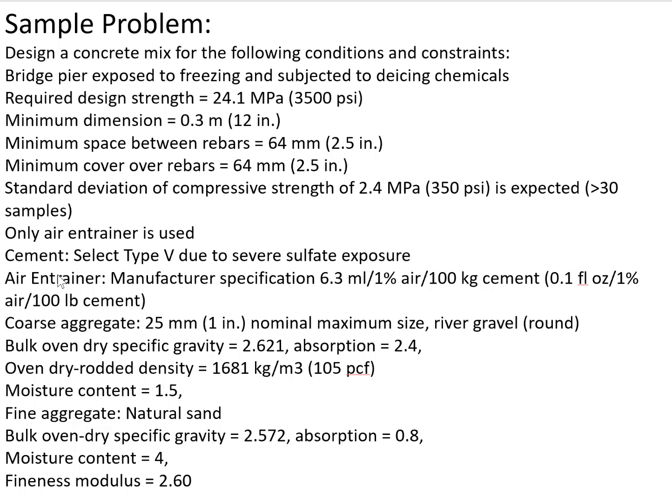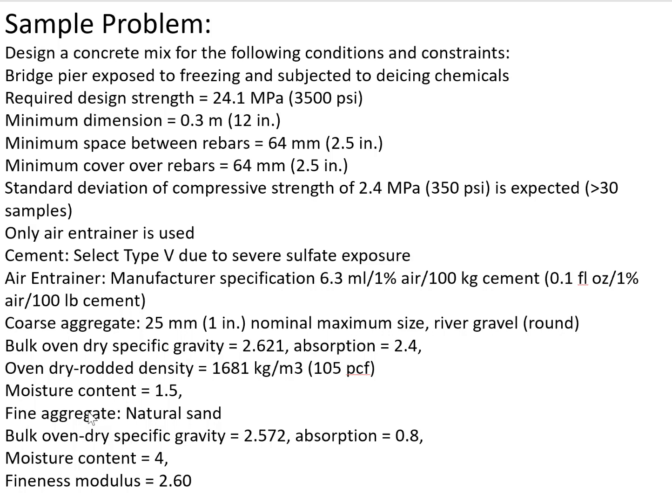Next, the air entrainer, we get the specification from the manufacturer about how much we are going to use in the project. Also, the coarse aggregates, it's rounded river gravel, and the nominal maximum size, bulk oven dry specific gravity, absorption, oven dry rounded density, and moisture content are provided to you.